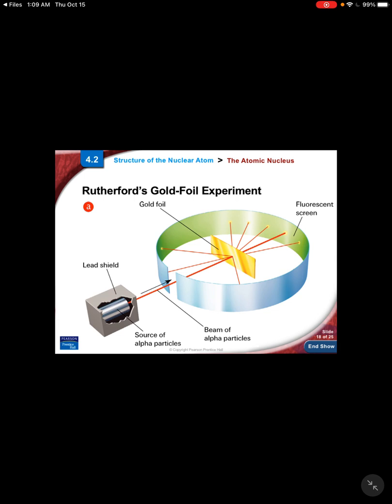That was picked up in his very sensitive equipment, and sometimes even deflected almost straight back towards the source of the alpha particles. But again, the majority passed straight through a sheet of metal.